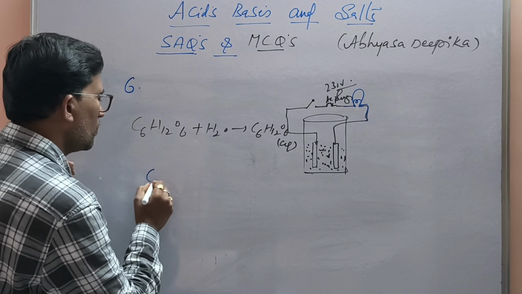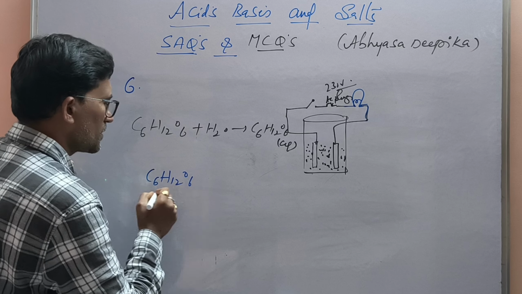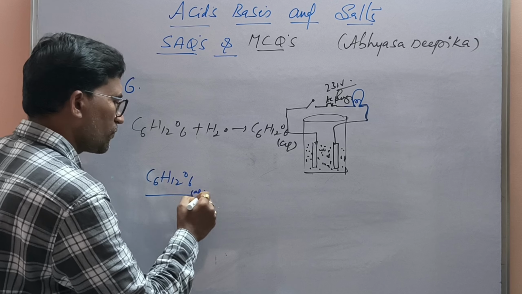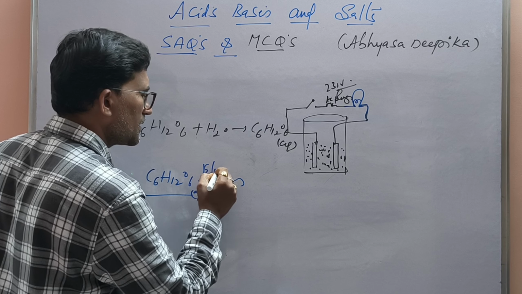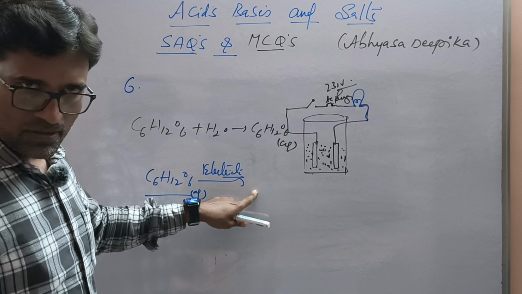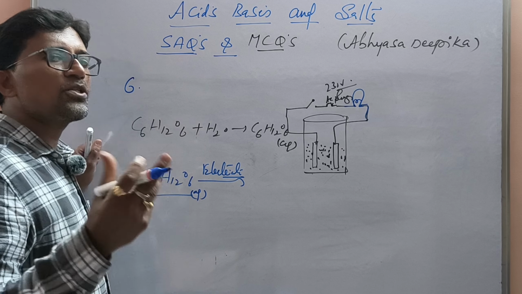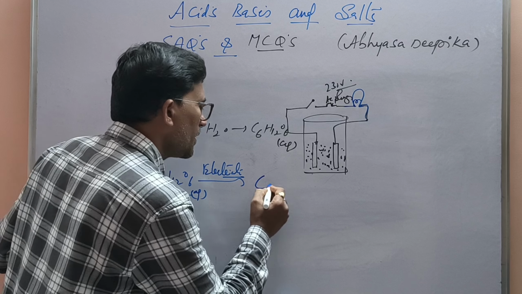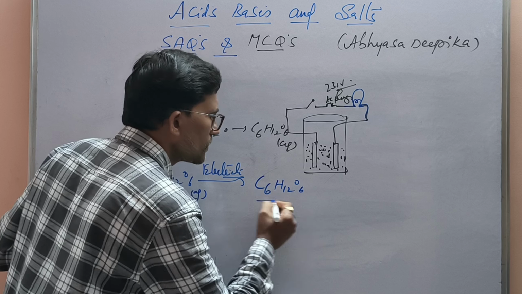Okay, in glucose solution we have glucose, C6H12O6. The glucose in aqueous form, when you pass electricity, does not dissociate into ions. It is not going to break down into H+ ions. Glucose will remain glucose only.